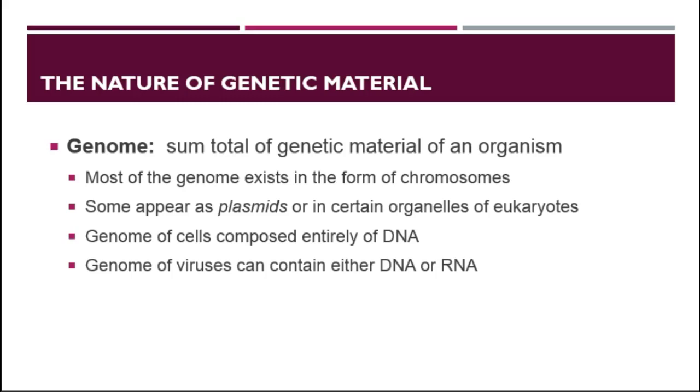Most of the genome exists in the form of chromosomes. However, some organisms like bacteria also have plasmids that contain genetic material, and eukaryotic organelles, as we learned, also have some organelles present that possess their own DNA.